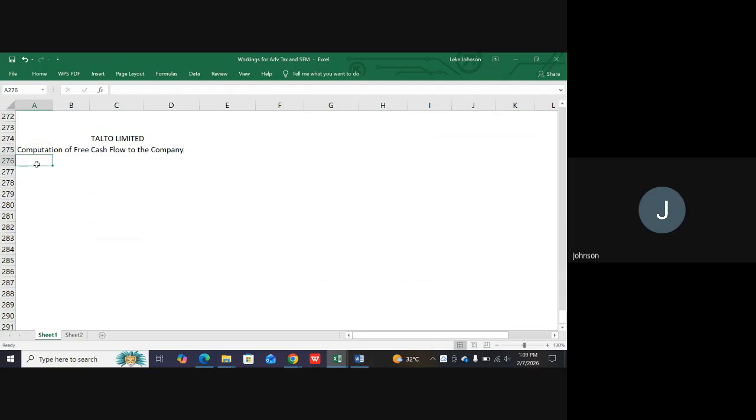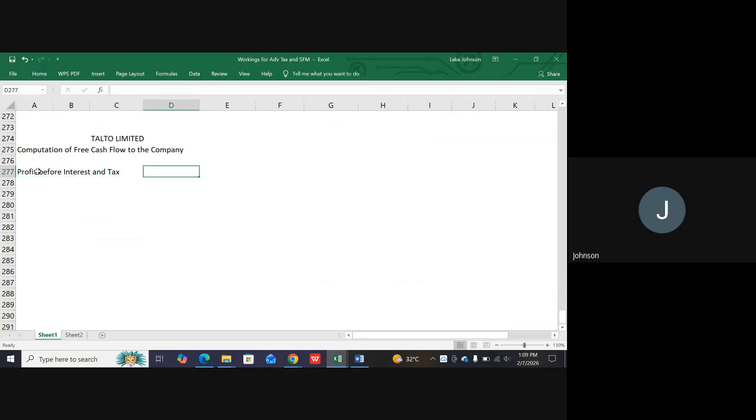The formula to use is, normally we ought to take our profit before interest and tax. So this is the format: profit before interest and tax. That's the first thing you're going to take.